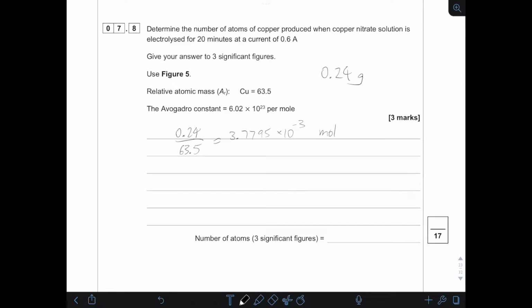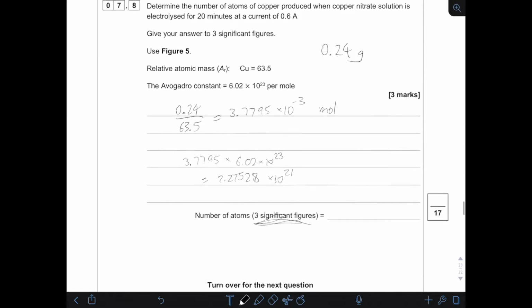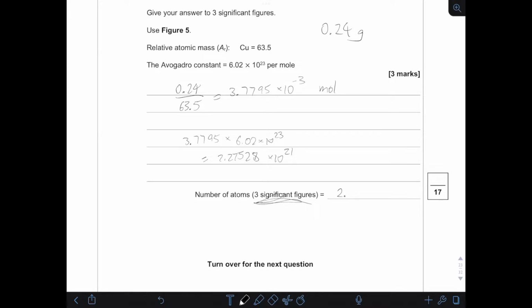And the number of atoms is Avogadro's number times moles, which is 3.7795 times 6.02 times 10 to the 23, which equals 2.27528 times 10 to the 21, and we want three significant figures, which is 2.28 times 10 to the 21. So that's our answer here.